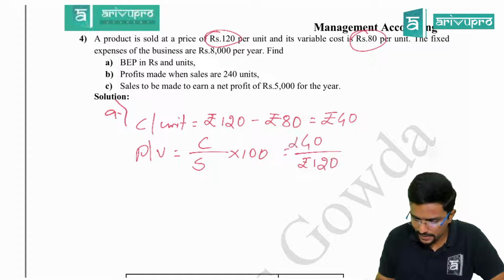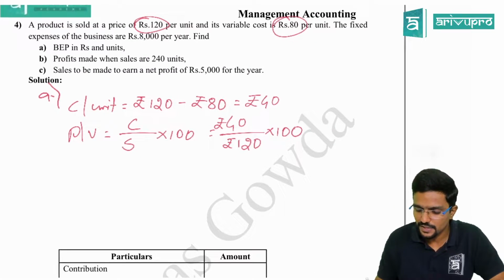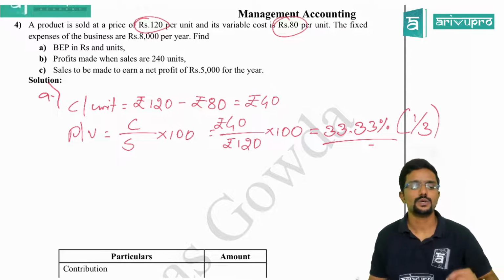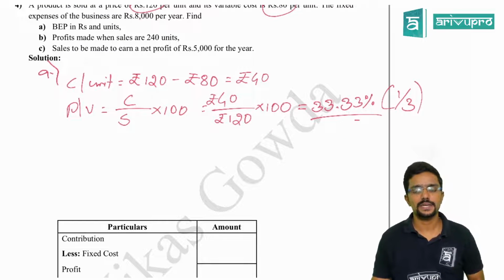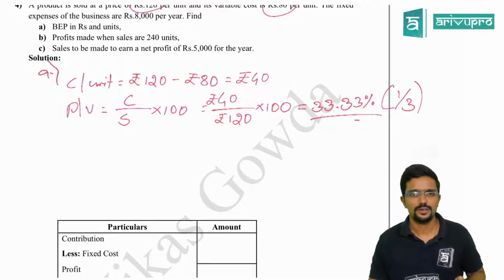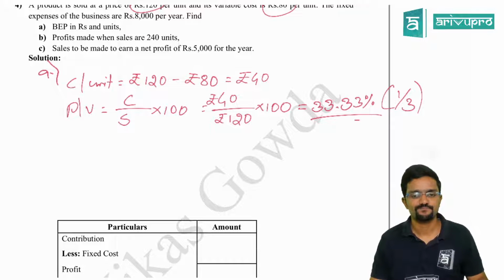So 40 divided by 120 into 100, you will get 33.33. You can also take this as 1 by 3. Is it mandatory, sir? No. I'm just taking it so that I will get the exact figure.